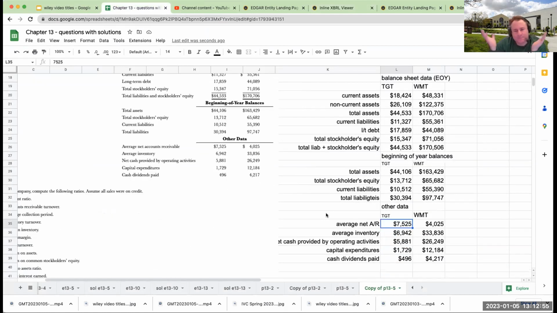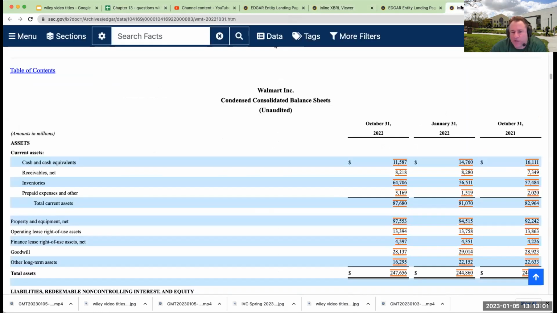So if you're looking at these companies, this is the real better question. If I'm looking at Walmart and I have a choice between AR turnover and inventory, which one do I choose? Well, inventory is roughly 25% of Walmart's total balance sheet. So you would want to use inventory turnover because it's such a huge percentage of total assets.